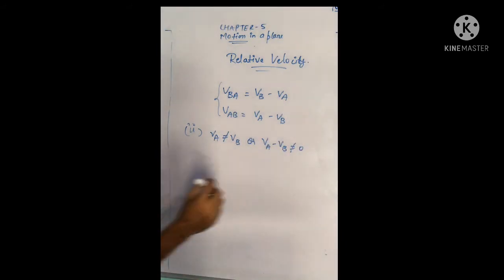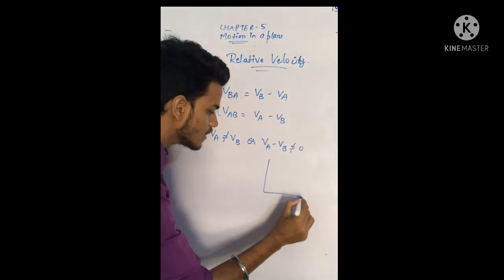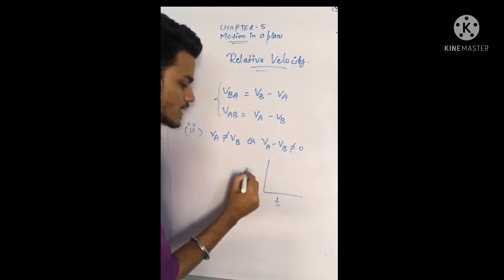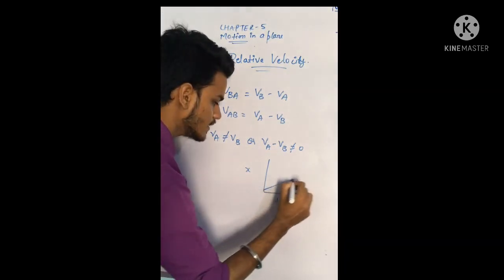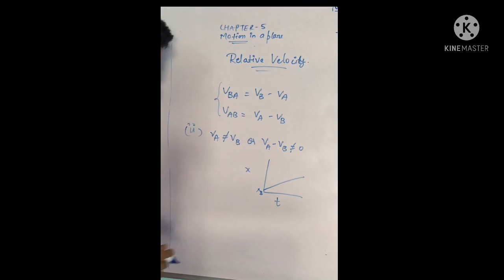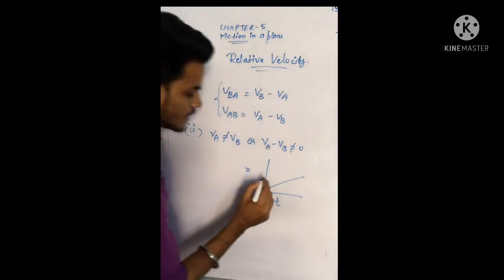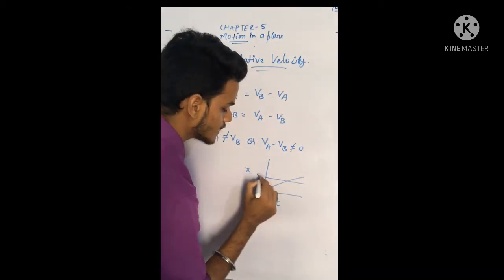Then it means that the graph is not parallel lines. That is, this is xb, the position of xb at time t, and this will be the position of xa.